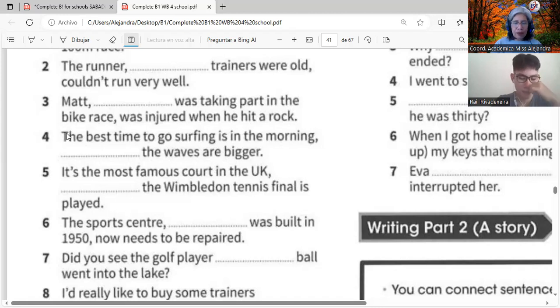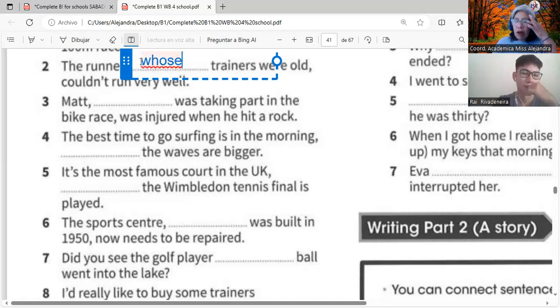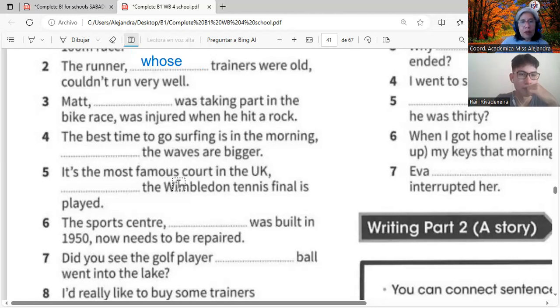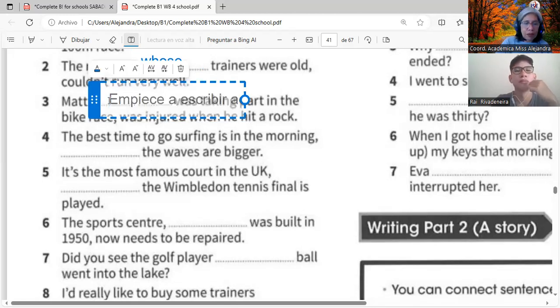Number 2. The runner whose trainers were old, because the shoes belong to the runner. Who?